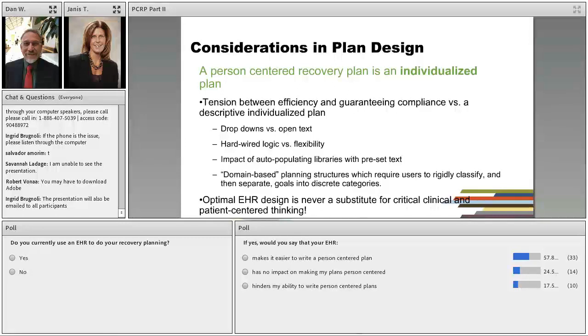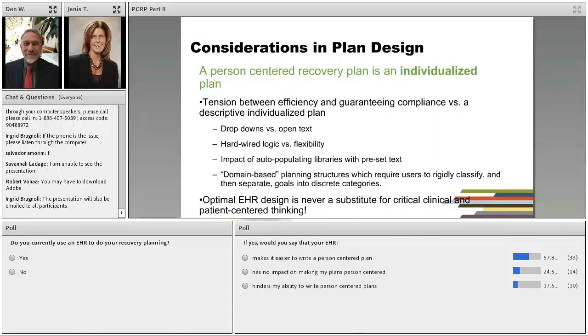And it's nothing new that a plan should be individualized to the person, but one of the downfalls of the potential electronic health record is, in the tension to make things more efficient and guarantee compliance, you may lose that individualization. So how does that work?